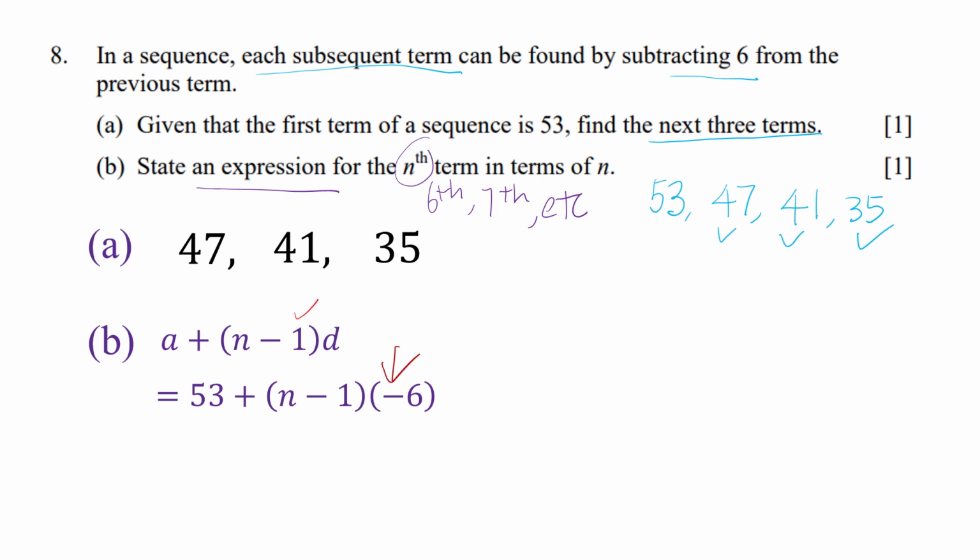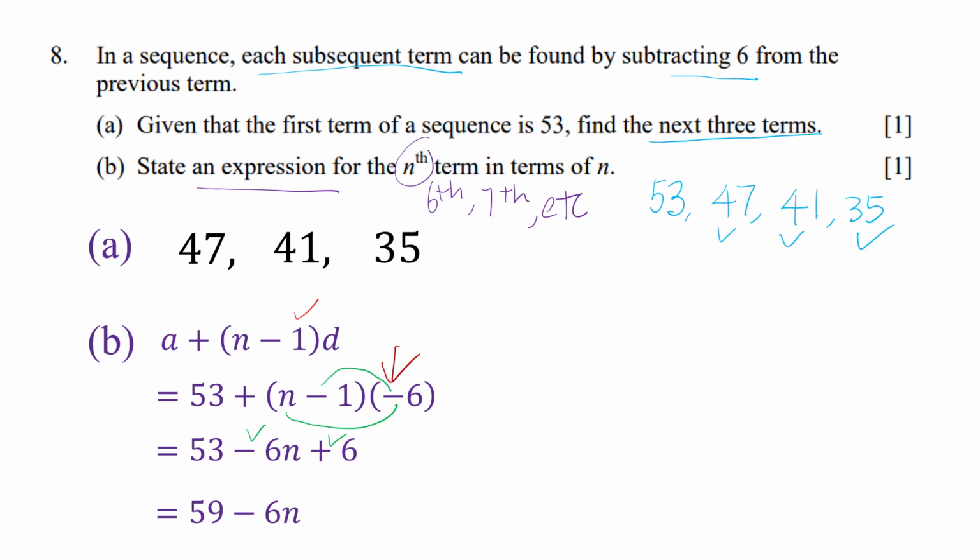If you don't substitute this correctly, then you won't get your answer. Let's look at how we do the next step. You would have n times negative 6 gives you negative 6n. Negative 1 times negative 6 gives you positive 6. And if you simplify further, you would have 59 minus 6n.